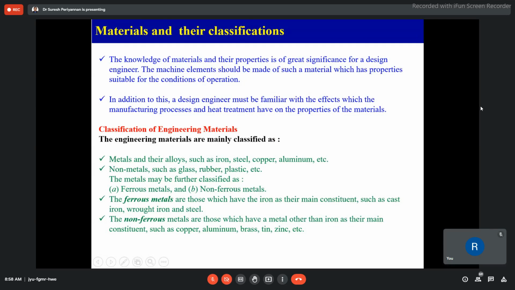Now, in addition to this, the design engineer must be familiar with the effect of the manufacturing process and heat treatment. When we are going for the manufacturing process, for example, we should consider plasticity, machinability, and malleability. Plasticity is nothing but plastic deformation. For stainless steel, aluminum, and copper, the plastic deformation is totally different. For stainless steel, you have to apply 100 kilonewton, for example.